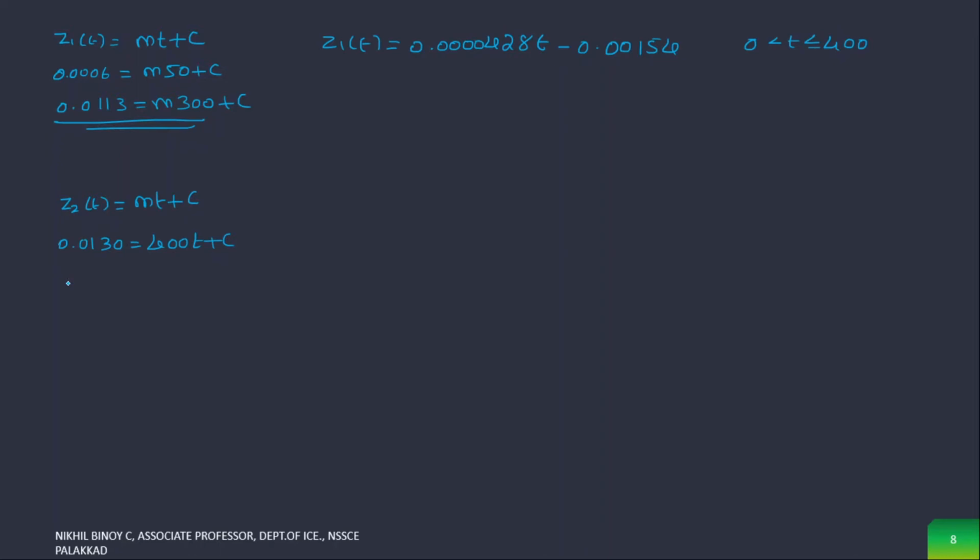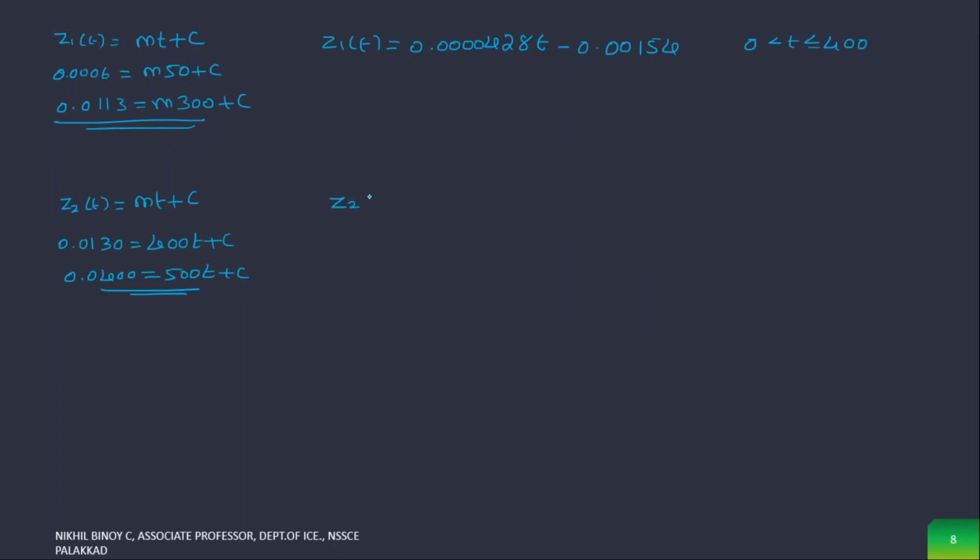At 500, the failure rate is 0.04, that is equal to 500m plus c. So we have the m value equal to 0.00027.